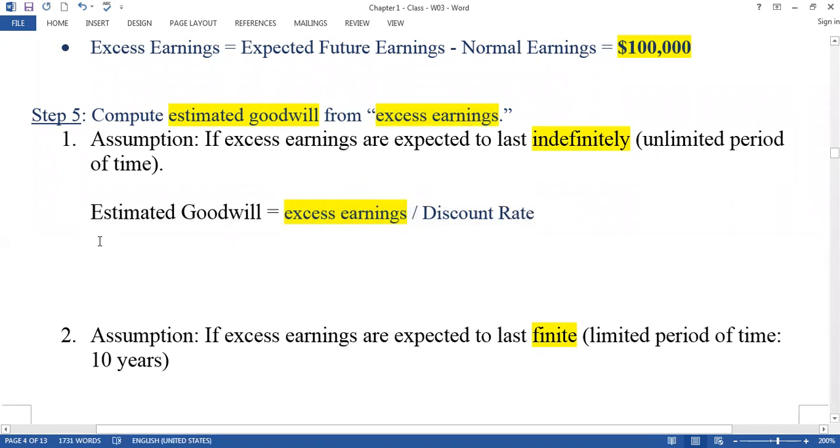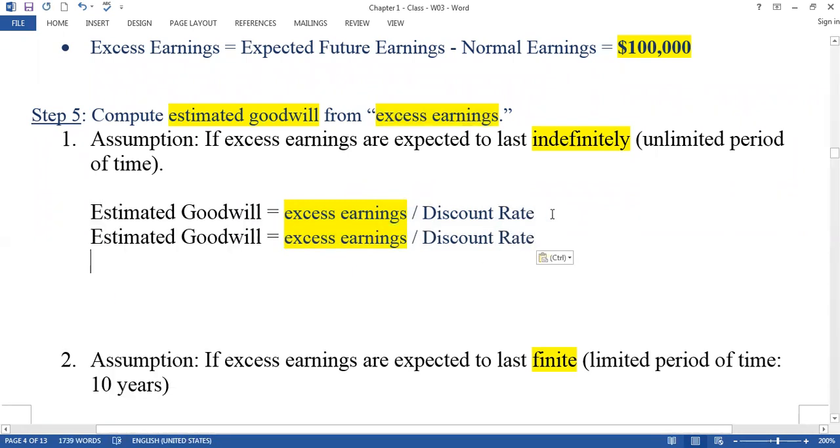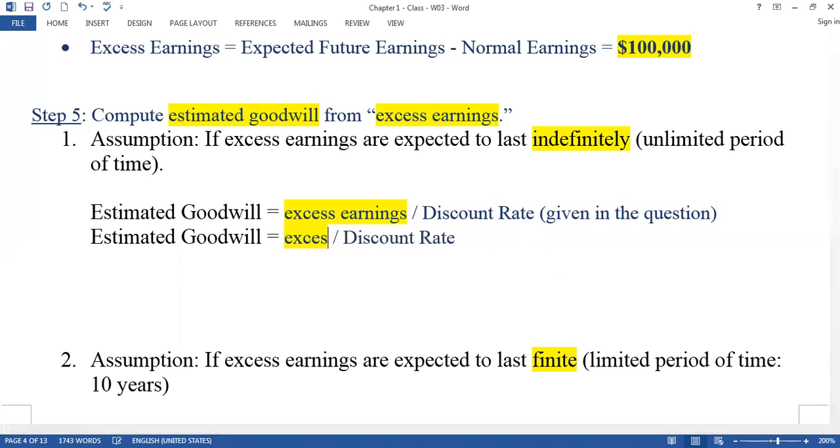Now, don't worry about this issue because the question will give you the rate: the discount rate, the market discount rate. Here discount rate actually means the market rate. So for example, according to our previous example, our excess earnings are $100,000, and for example the question gives you a discount rate of 20%.